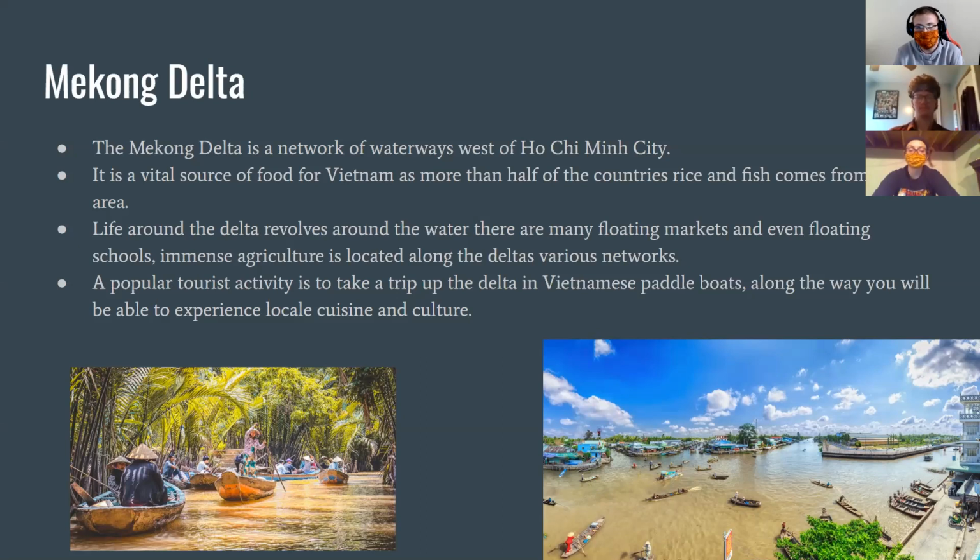A popular tourist activity is to ride on the boats in the bottom left picture, to get an experience of what it's like to travel these waterways. While you're on these tours, they show you local food and culture, so you can see what it's like to live on the Mekong Delta. The next slide will have a little video of what riding those boats is like.